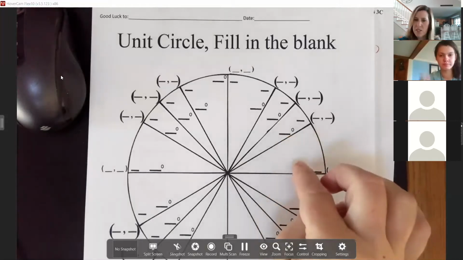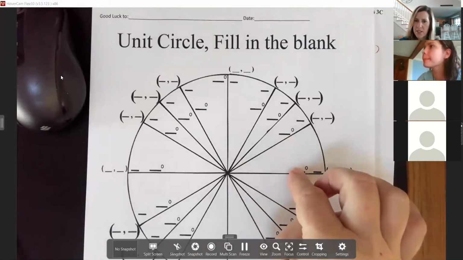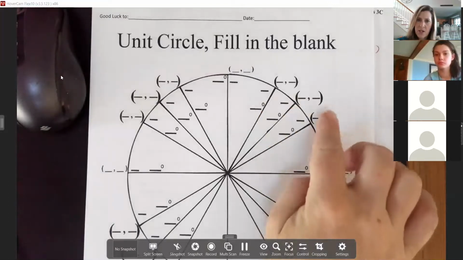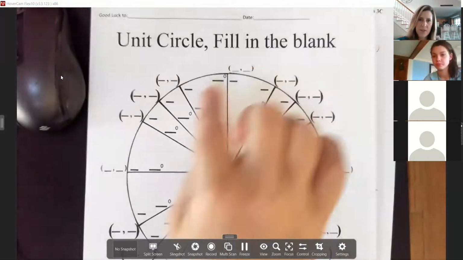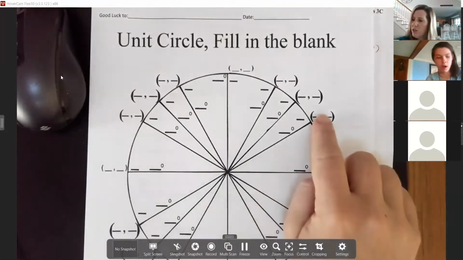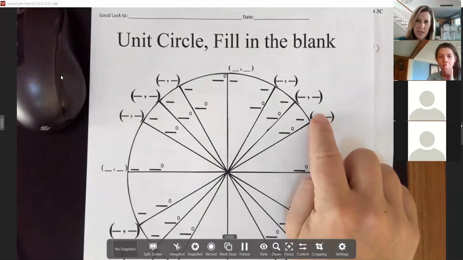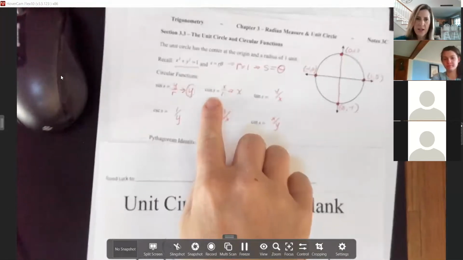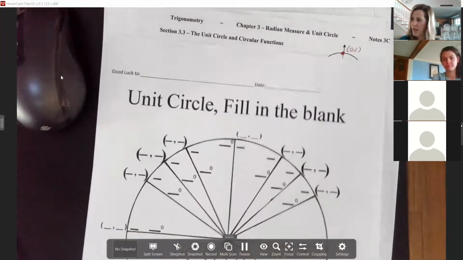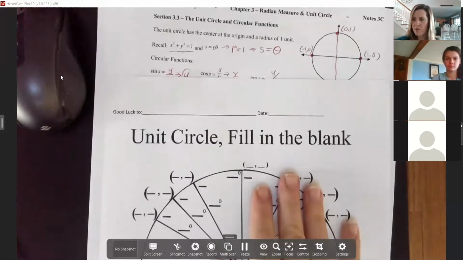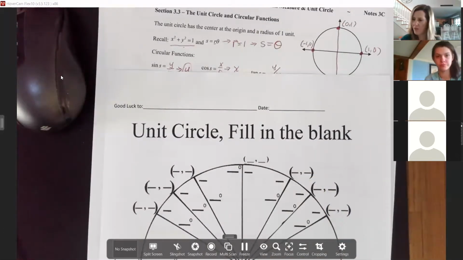So it was really just putting what it is in degrees. You should know how to convert it to radians. And then it talked about all these values, which are points along the unit circle. And so the x coordinate, what did we just say x is? It's the cosine of that angle, right? And y is the sine of that angle measure. Does that make sense on how to fill that in?